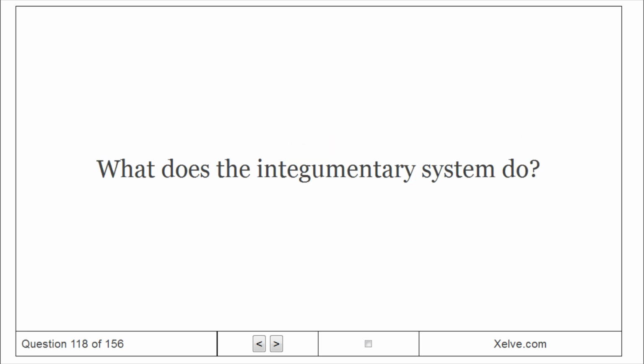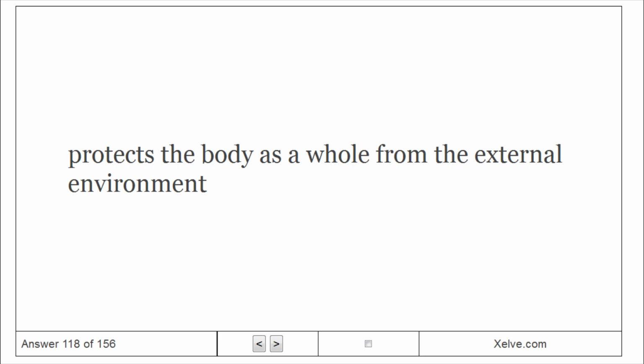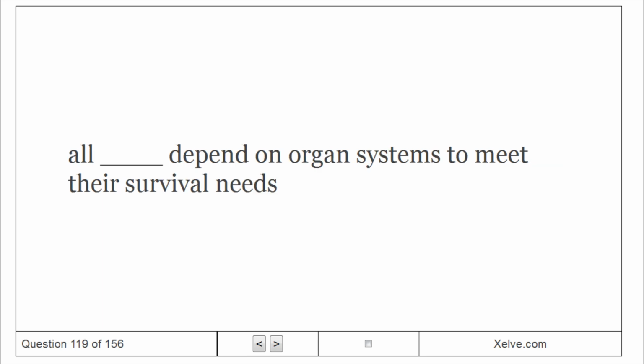What does the integumentary system do? Protects the body as a whole from the external environment. All cells depend on organ systems to meet their survival needs.